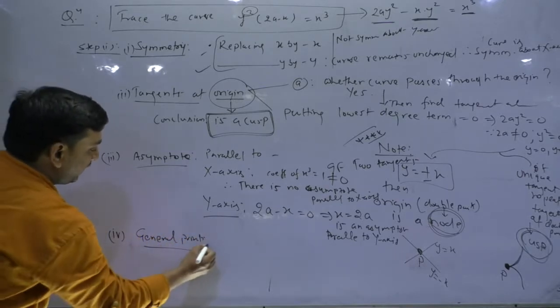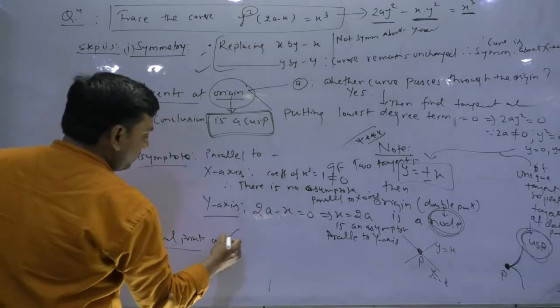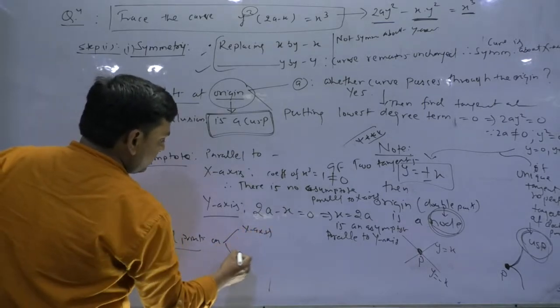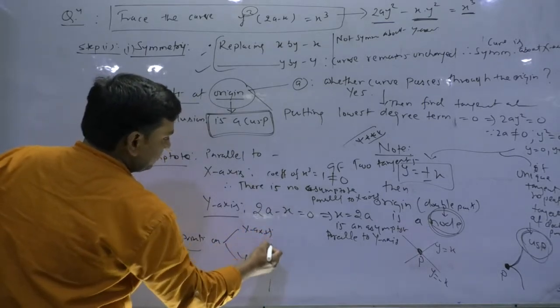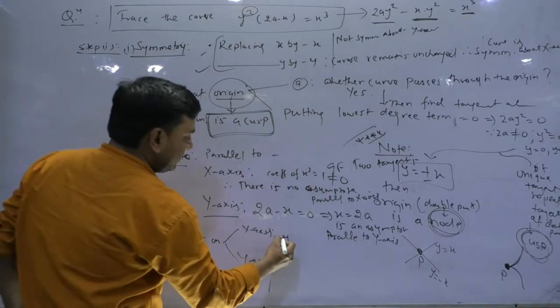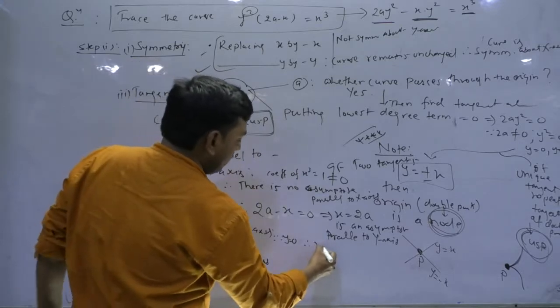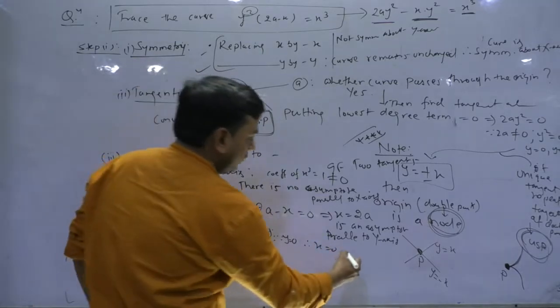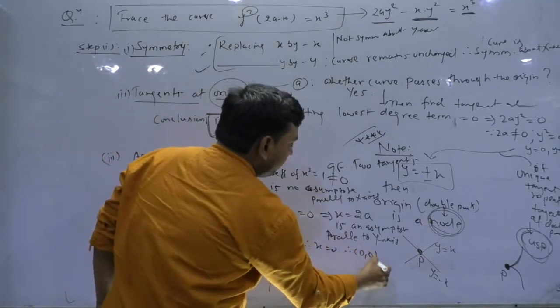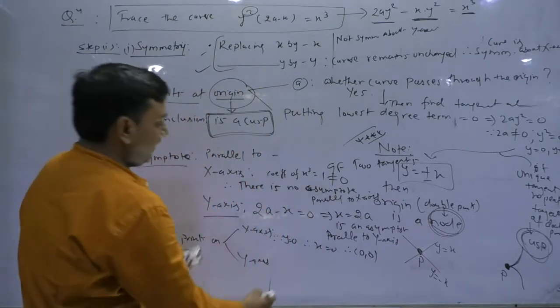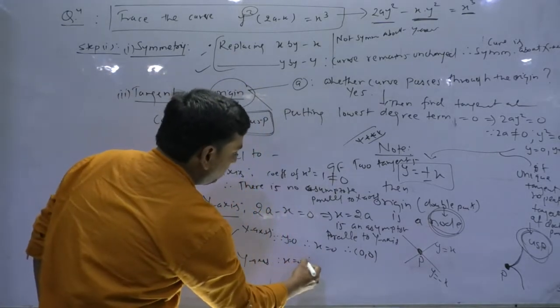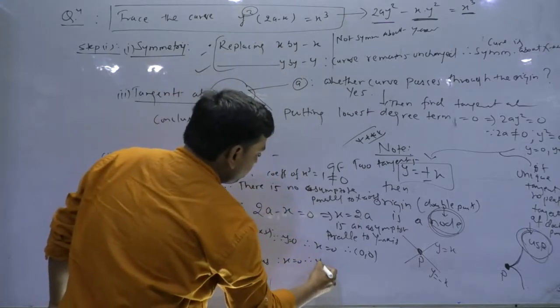What बच्चे? Finding some general points on x axis as well as y axis. So on the x axis y क्या है? 0. So if I put y equals to 0, we get x equals to 0. इसलिए point क्या मिल गया? 0, 0. On y axis x is 0, so we get y is 0.